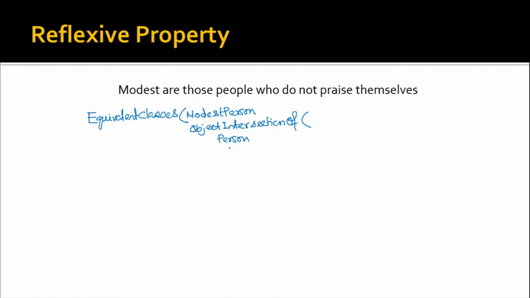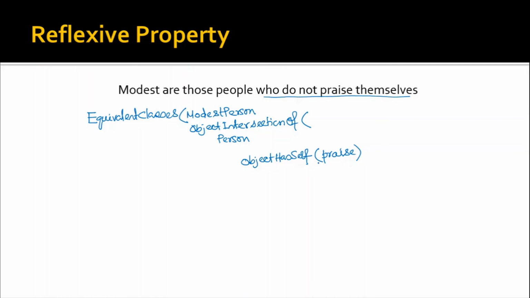and now the next part, who do not praise themselves. How do we represent who do praise themselves? You'll be writing object has self. Has self basically represents that a particular property is reflexive, and we'll be putting the relation praise as the argument of this.